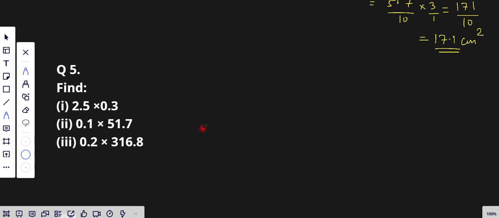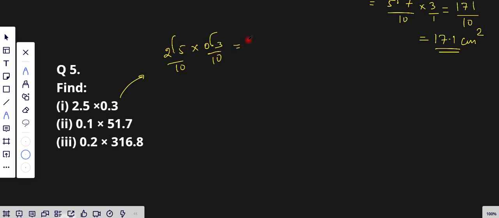Now you need to multiply 2.5 with 3. You have a decimal, so just remove this decimal, you will get 10 in the denominator.